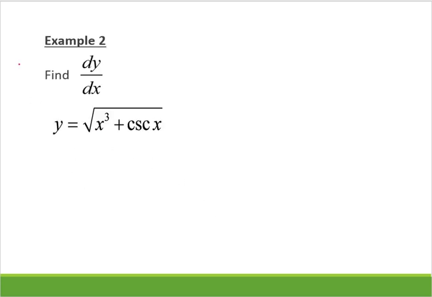Okay, this guy. We have one function on the outside, that's the square root function, and then we have a function on the inside. So this is not a product rule, this is a straight up chain rule. So my derivative of the outside function is 1/2 the inside function to the negative 1/2 power.